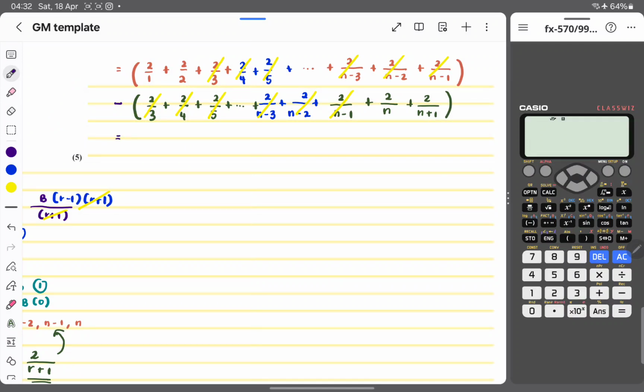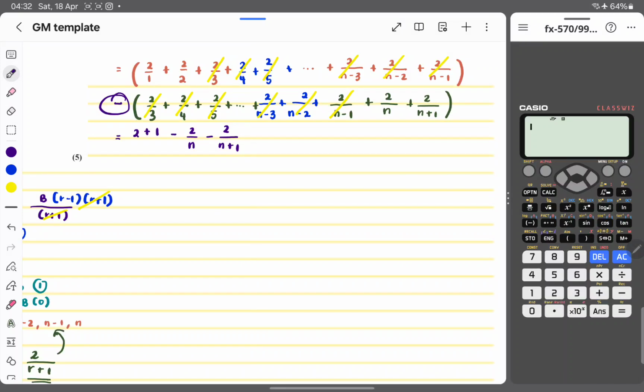I have 2 plus 1 minus 2 over n minus 2 over n plus 1. Why is this 2 minus? Because I distribute the negative sign here. See, this negative.